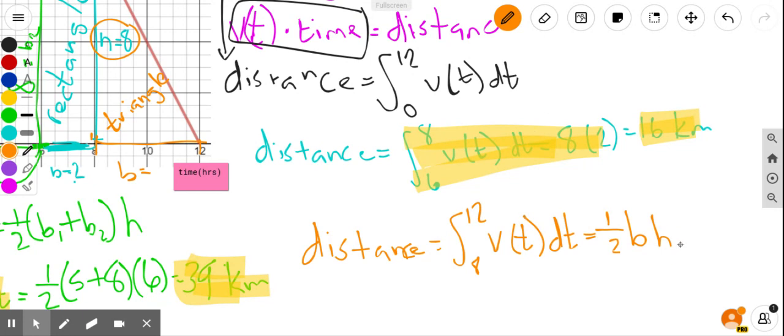So that'd be the same as 1/2 base, which is 4, times 8, which is my height. So that one should be 16 kilometers as well. Interesting.